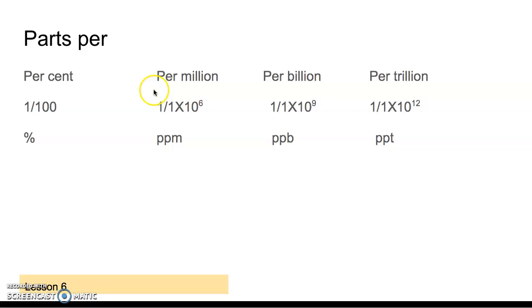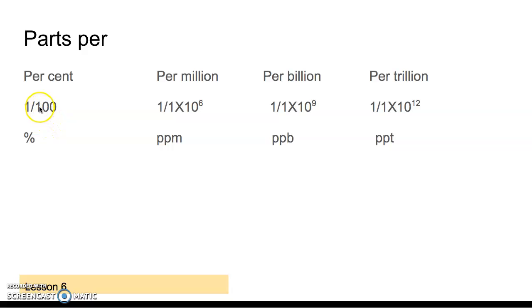Per million is 1 part solute per 1 million parts solution, and is expressed as ppm. Per billion is 1 part solute per 1 billion parts solution, and is expressed as ppb. Per trillion is 1 part solute per 1 trillion parts solution, and is expressed as ppt.